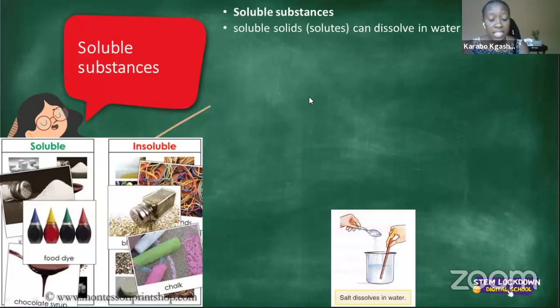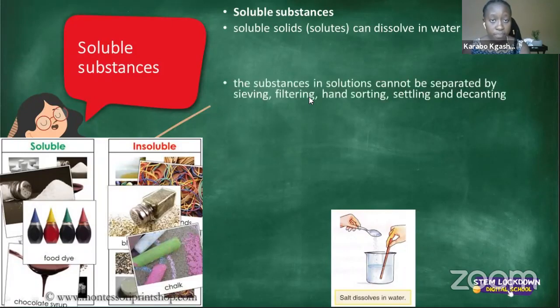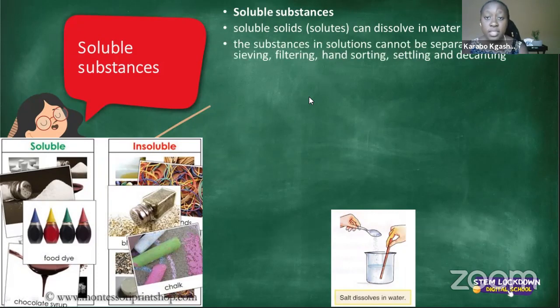The substances in solutions cannot be separated by sieving, filtering, hand sorting, settling, and decanting. We spoke about all these terms in yesterday's lesson, so you should be familiar with them. With a solution, it is almost impossible to separate them by sieving, filtering, or any of the other methods of separation.